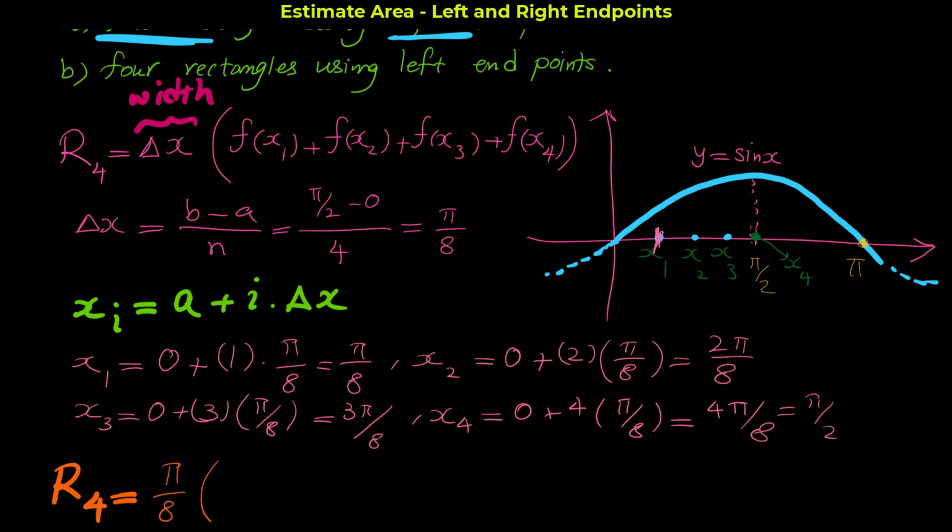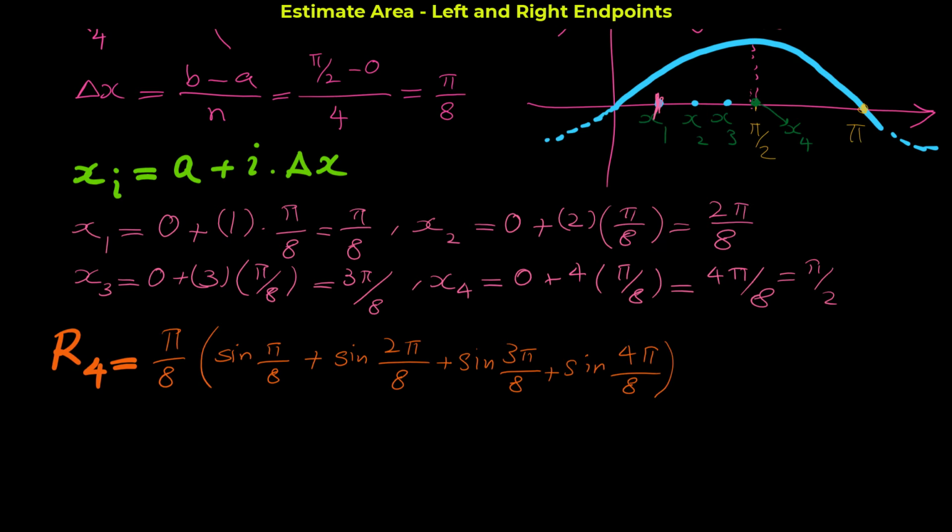So f of x1 is sine of pi over 8. The next one is sine of 2 pi over 8. Sine of 3 pi over 8. And finally sine of 4 pi over 8 or pi over 2.